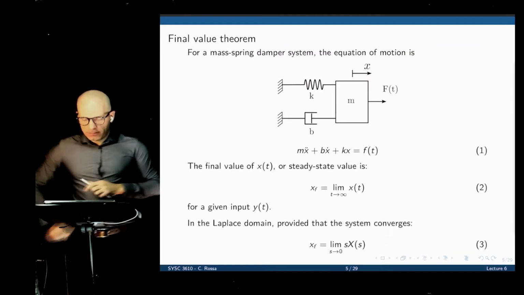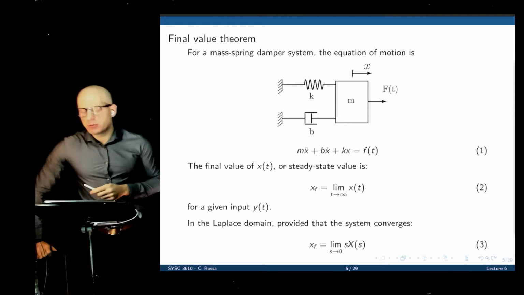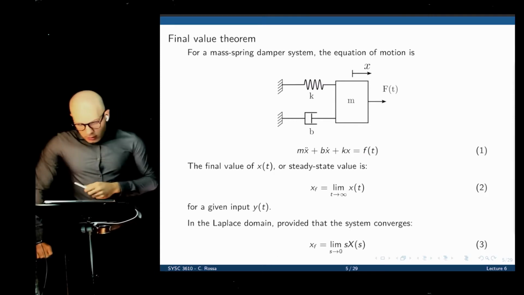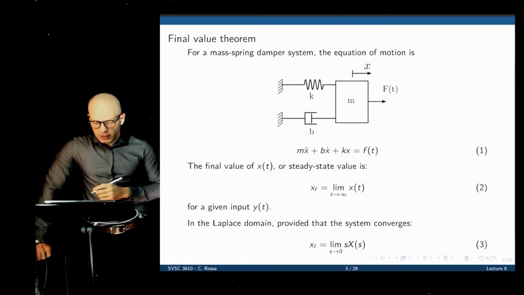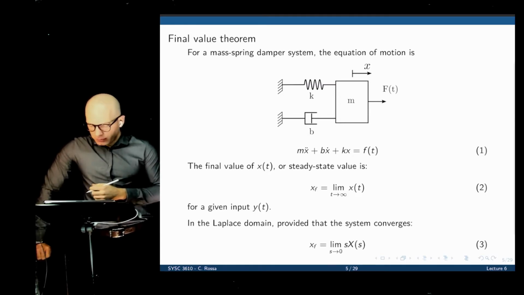Let's do one example here for a mass spring damper system that we modeled before. We came up with this equation: m x double dot plus b x dot plus k x equals f of t. It's just the balance of forces acting on the mass.